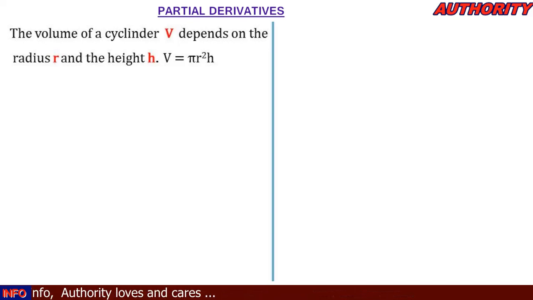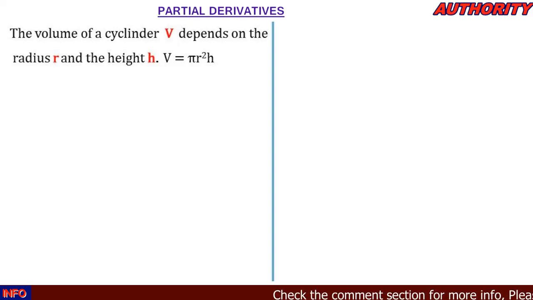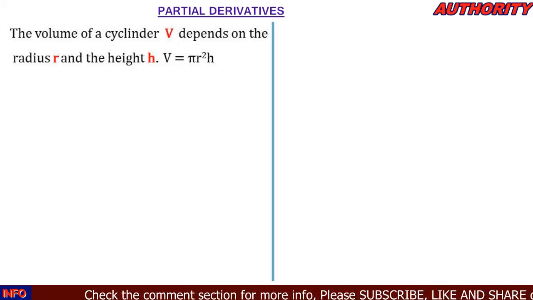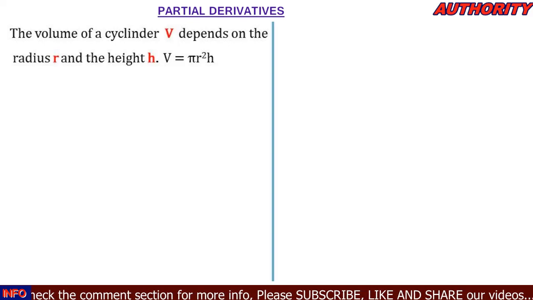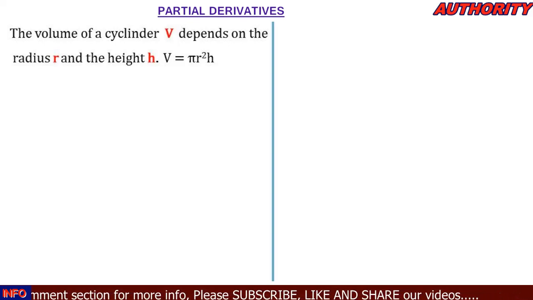If we go again and make a small change in the height, you will also discover that it affects the volume partially. So when there is a change in radius and the height is kept constant, the volume will also change partially. And when there is a change in height and the radius is kept constant, there will also be a change in the volume. So these changes are called partial differentiation or partial derivatives.